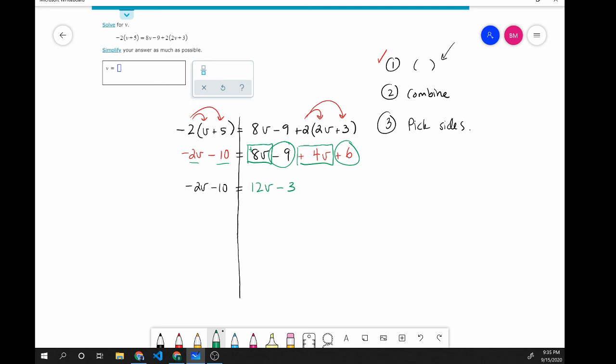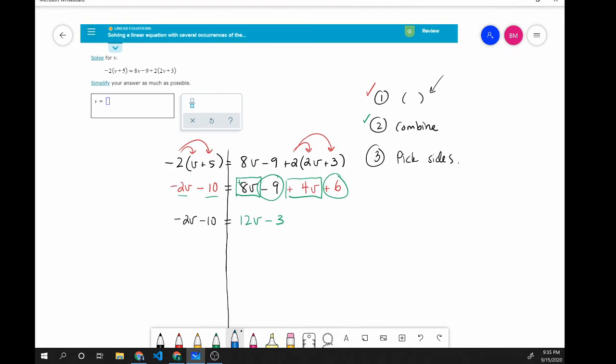All right, next, so we've done our combine step. We have to do our pick sides. So I'm going to choose the other side. Usually I do the left. I'll do the right for the variable side this time. So my variables go over here, and my numbers, or my ones, go on that side. So I know I have a variable here. That's good.